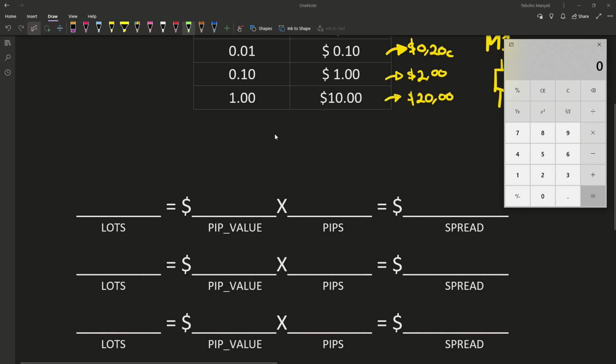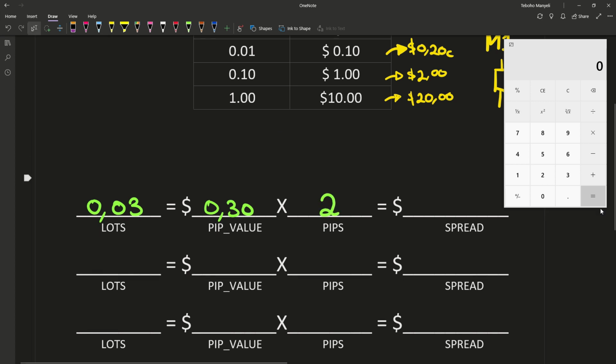Now let's take some examples. Let's say now you use a lot size of 0.03 and we want to understand how much spread you're gonna pay. So let's say your pip value here is then obviously a 0.30, so it's 30 cents in dollars. The amount of pips we're paying for spread is 2 pips.